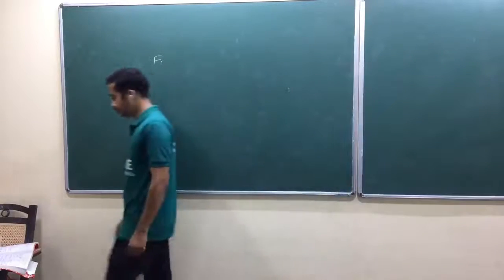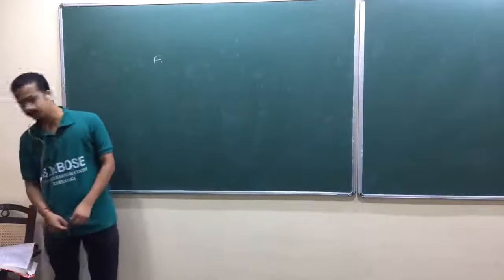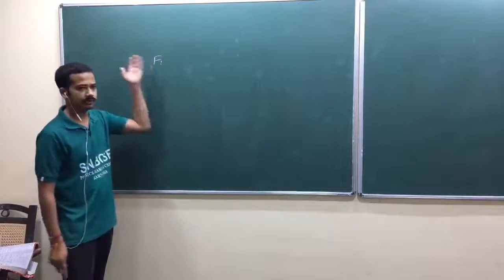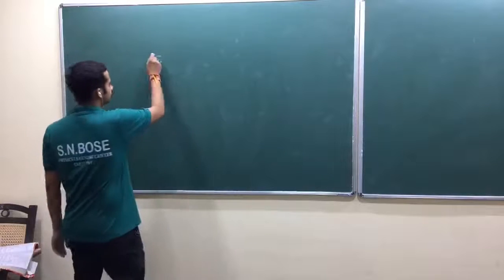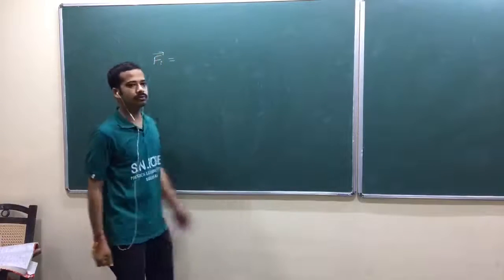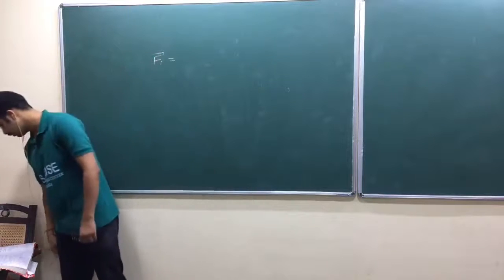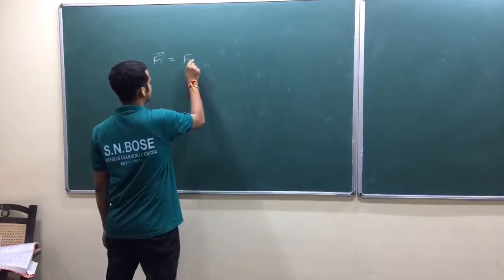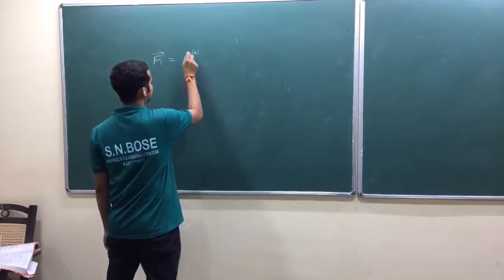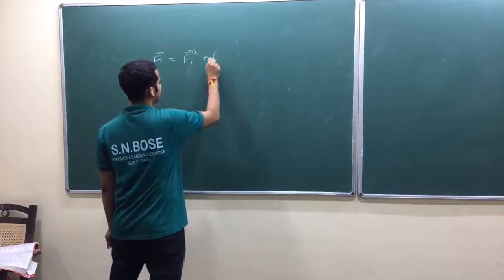If I take an n particle system, I'm not saying what the number of particles is. The force on the ith particle we are going to divide into two parts. One is applied force, the other one is constraint force. This A stands for applied force.